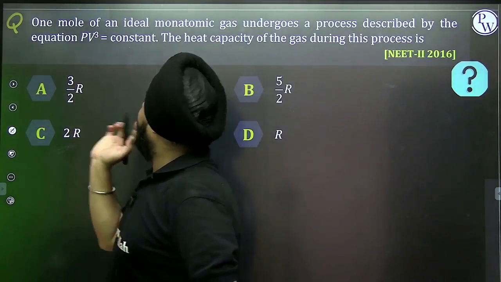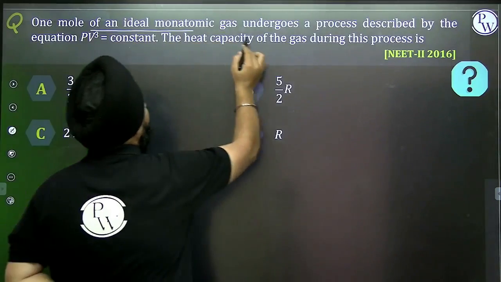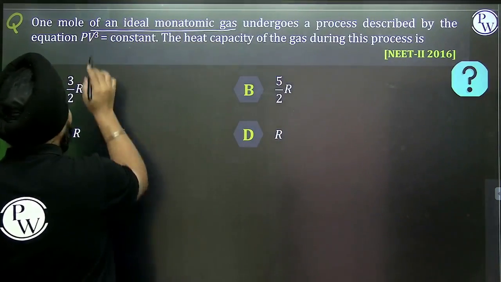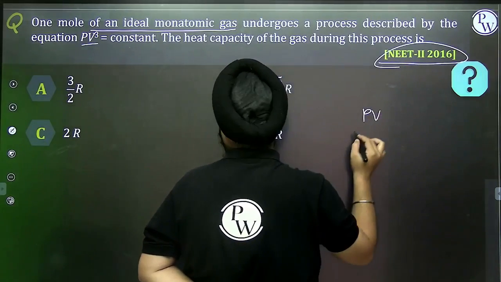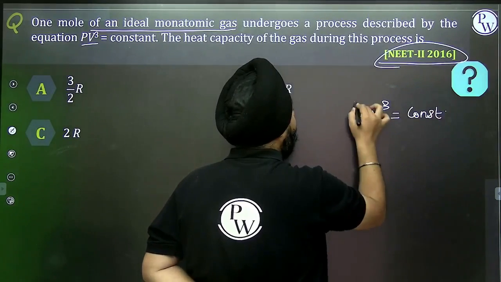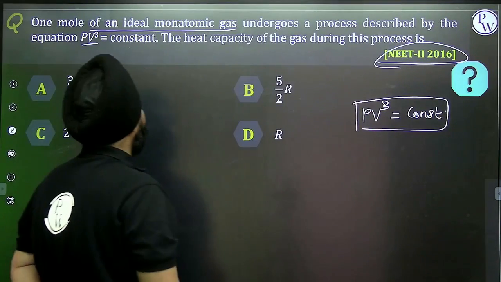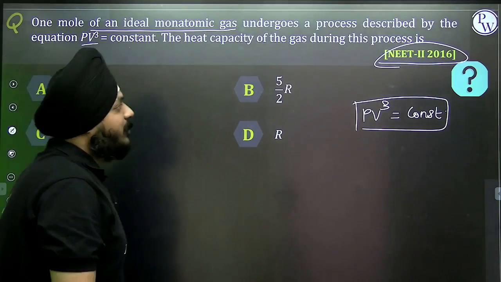One mole of an ideal monoatomic gas undergoes the process described by, see, a polytropic process is coming, NEET Phase 2 2016: PV cubed is equal to constant. The heat capacity of the gas during this process.